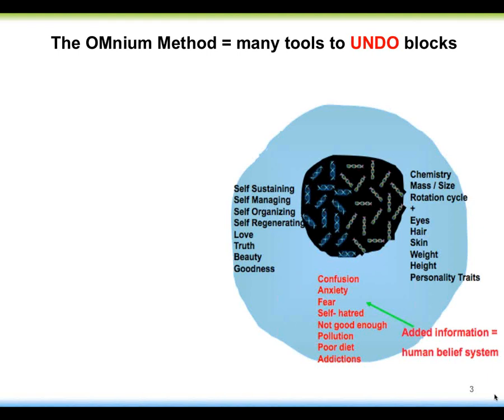We add the information from accumulated belief systems or negative emotions, and we add information as we grow older. So the idea is not to continue adding anything, but rather to take out this information that we've added. And of course there are many different ways.